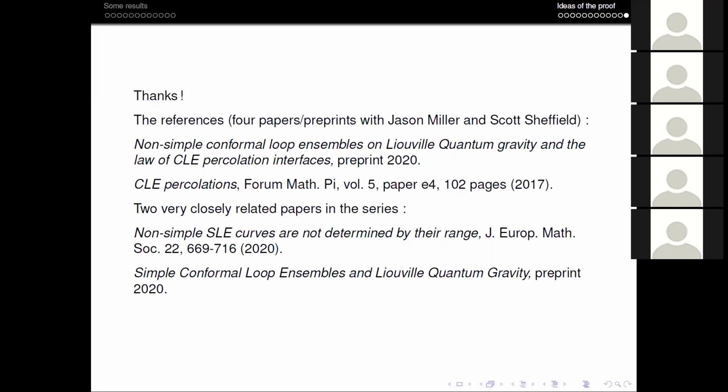But my personal take is that in this context, the really natural object to define in these CLE carpets is actually the percolation object. It's a natural exercise to say, okay, I want to have a random fractal.